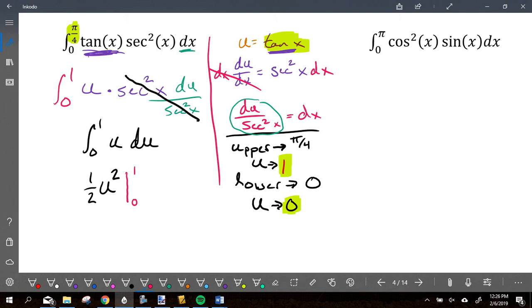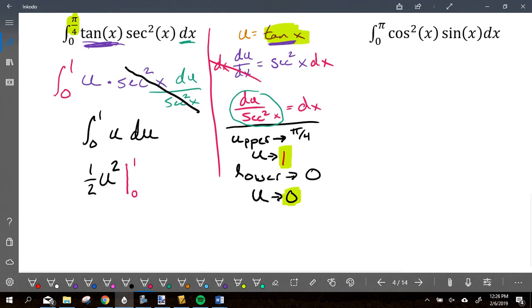Now, because I changed those bounds to be u bounds, I can just plug those in. So I've got a constant of 1/2. I can pull that 1/2 out in front. It makes my life easier. I'm going to plug 1 into this guy. What's 1 squared? 1. I'm going to plug 0 into that guy. What's 0 squared? 1 minus 0 is 1 times 1/2. The answer to that guy is 1/2.